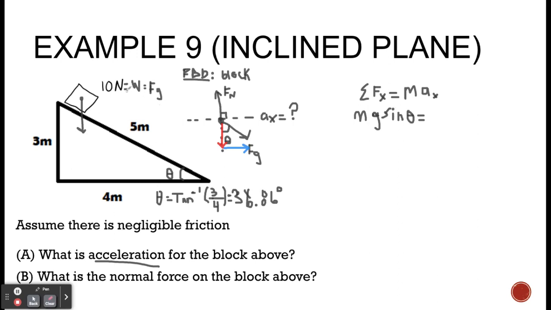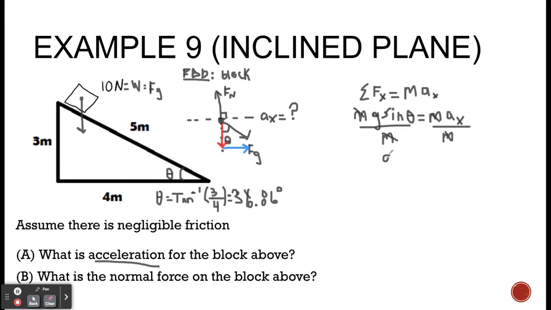We're not given mass directly, but we are given the weight of the object. What's nice about this equation is that mass will actually cancel out. So we don't need to solve for the mass from the weight. If we divide both sides of the equation by m, it cancels out, which saves us a step.